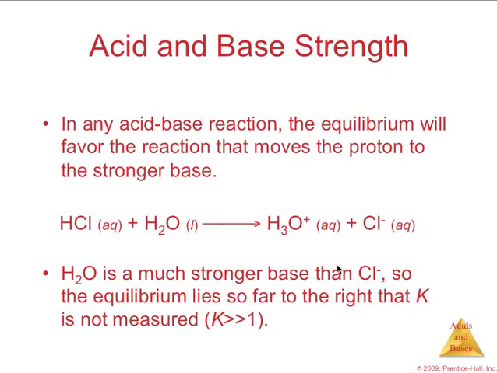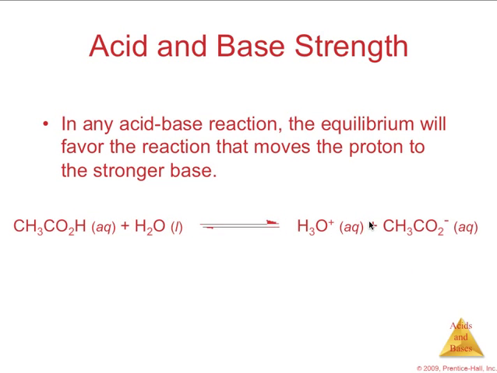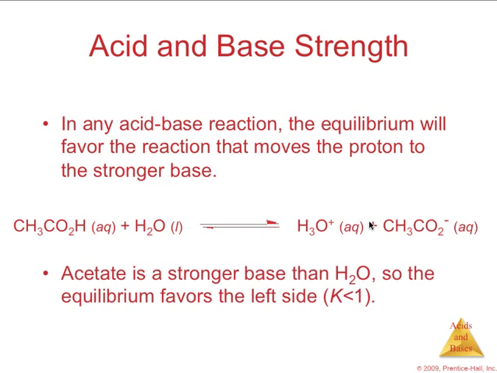Since water is a much stronger base than the chloride ion, this equilibrium is going to lie far to the right. Hopefully you identified this as being the strong acid, meaning it is going to fully dissociate into its H plus and its chloride ion. In this one, the acetate is a stronger base than the water, so the equilibrium actually favors the left side.